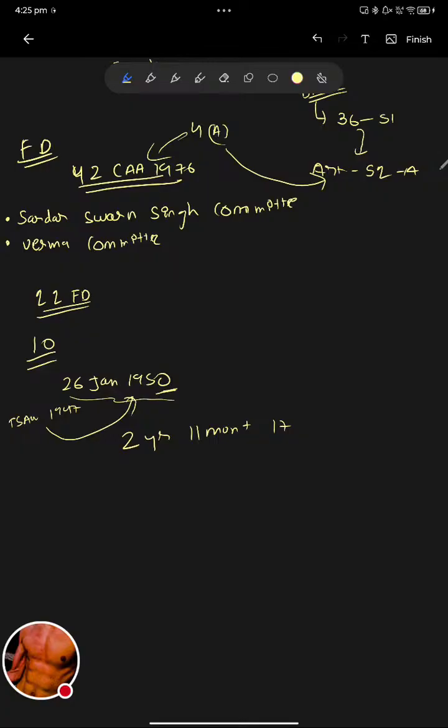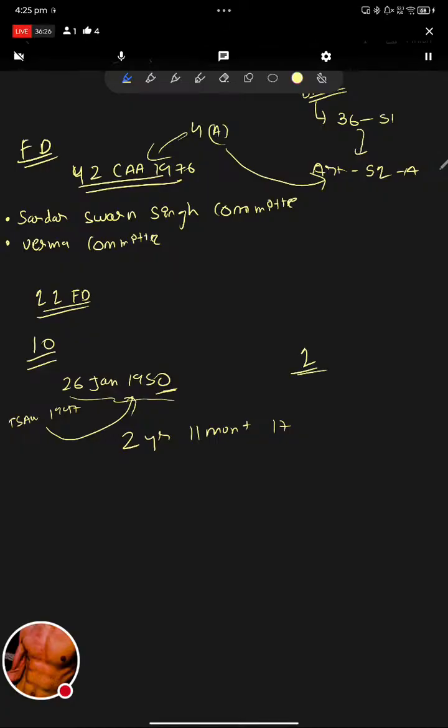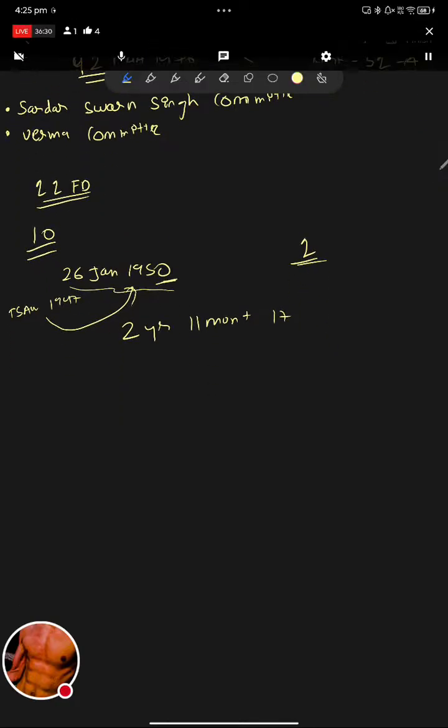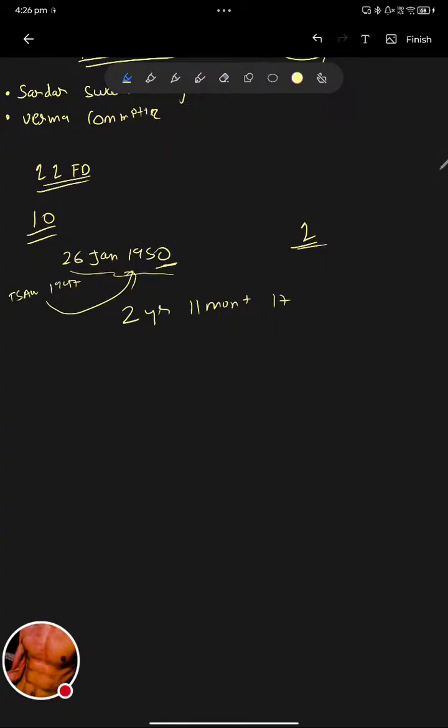There were 10, but later on one fundamental duty was added. So, the first fundamental duty talks about abiding by the Constitution.